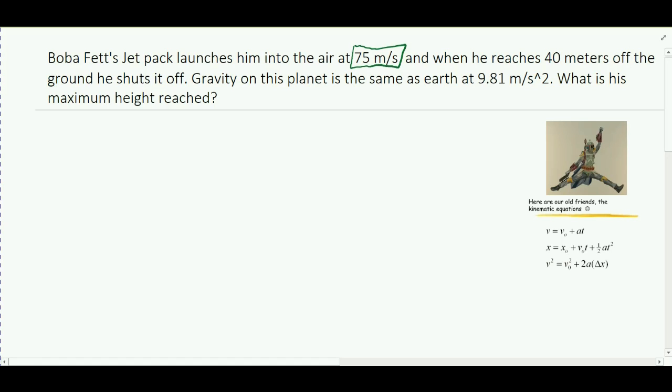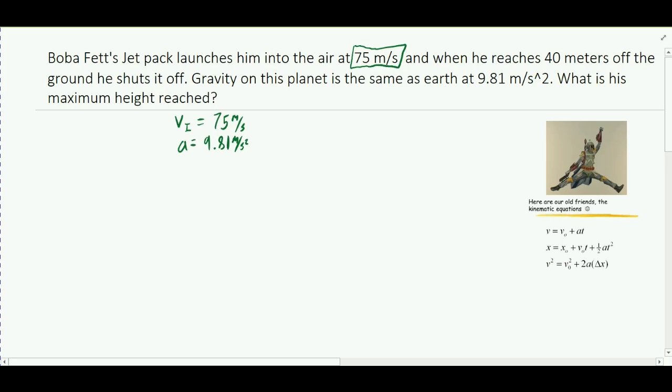Okay, so let's draw this out. What do we know? One thing, we know that initial velocity equals 75 meters per second. We know that acceleration is gravity, and that is 9.81 meters per second squared.